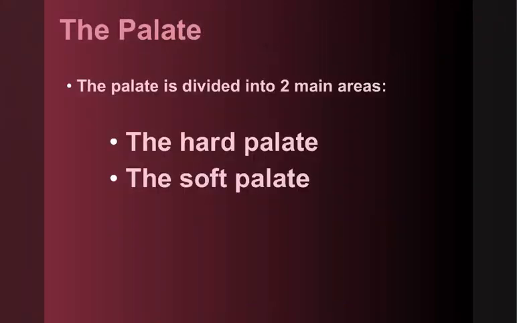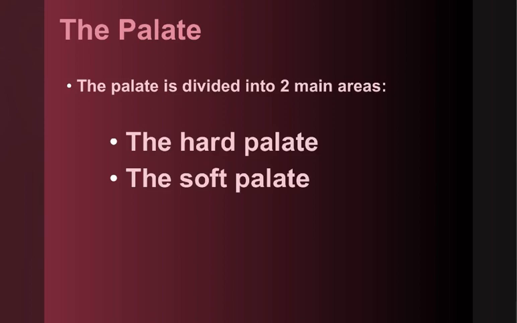The palate, which is the roof of the oral cavity, is divided into two main areas, hard palate and soft palate. The hard palate is the area of the roof of the mouth that is supported by bone. Soft palate is located more posteriorly, and it is not supported by bone.